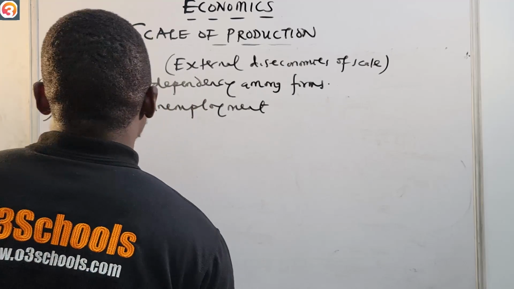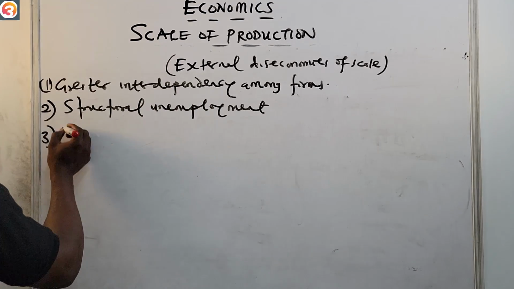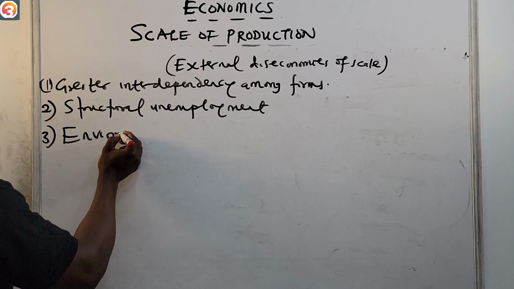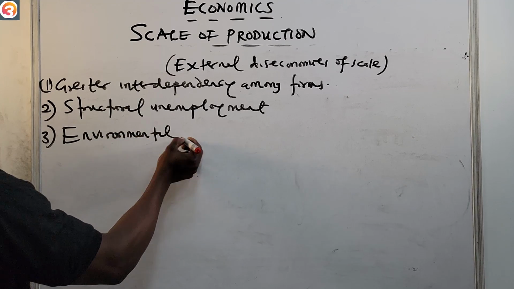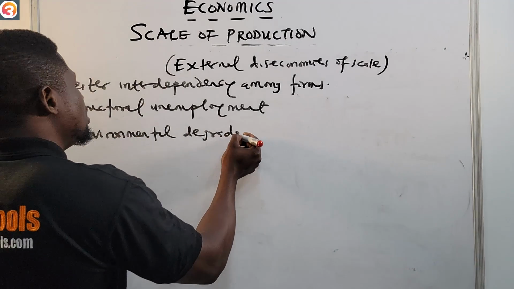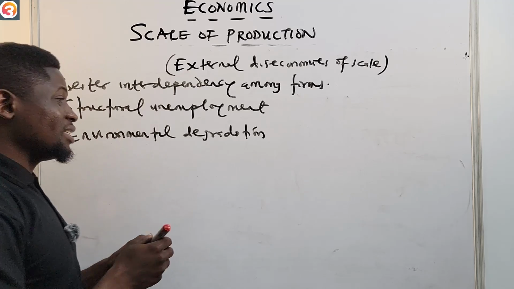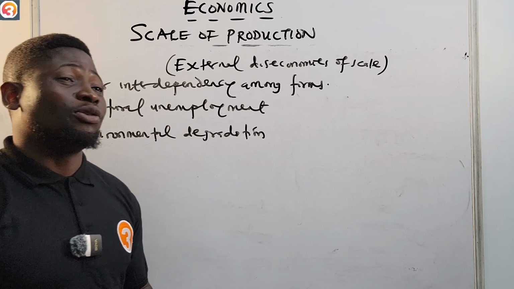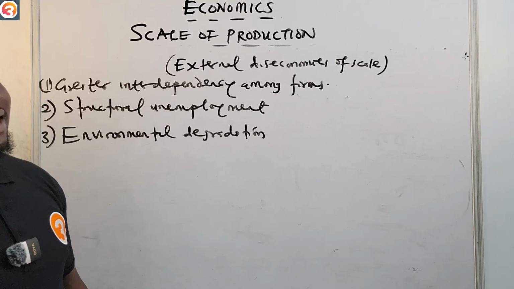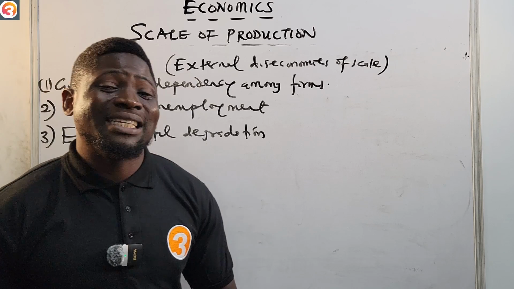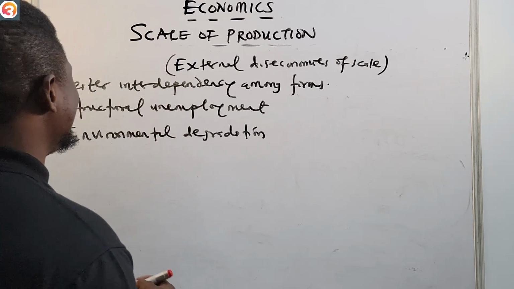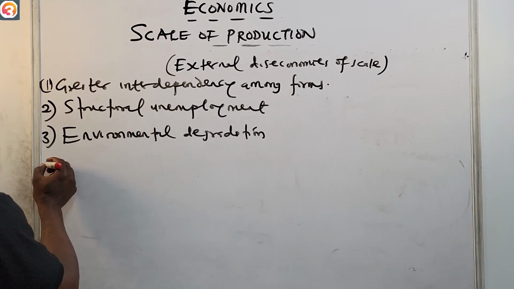Then likewise, environmental degradation, because they are localized. They're in the same area, you see that they're producing a lot of waste materials, leading to environmental degradation. These are also disadvantages. Then number four, urban congestion.